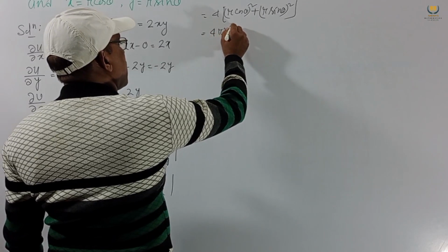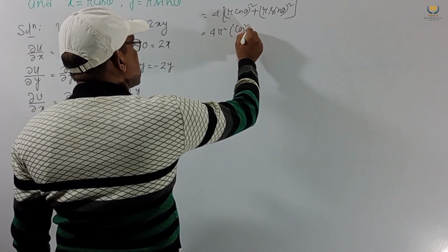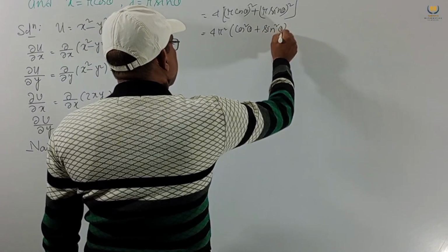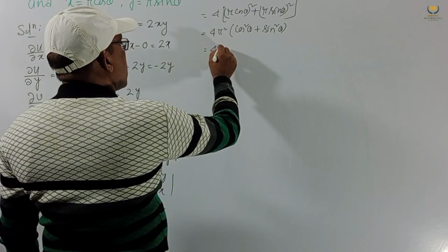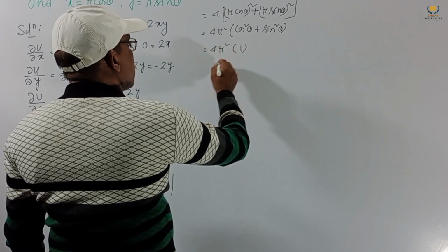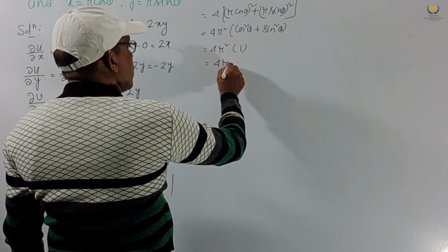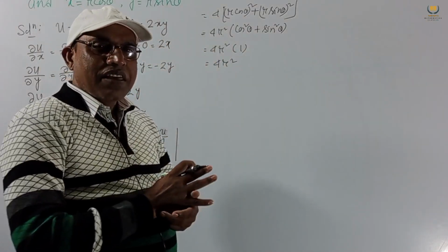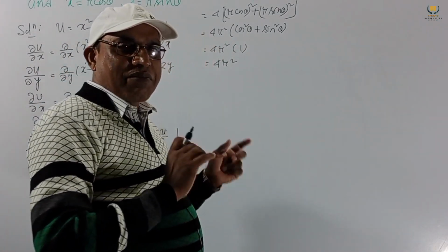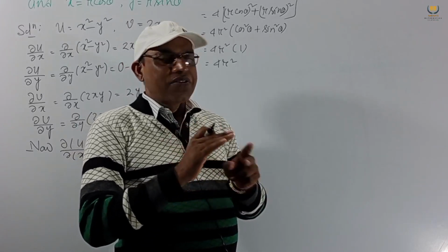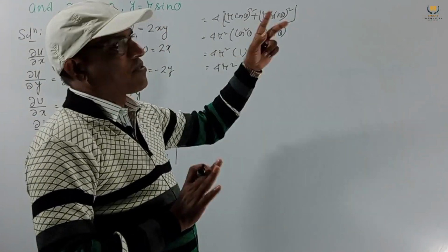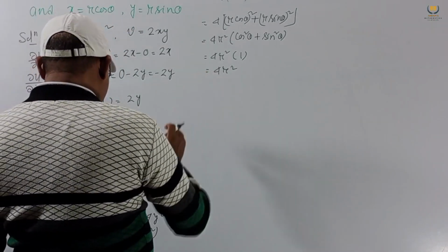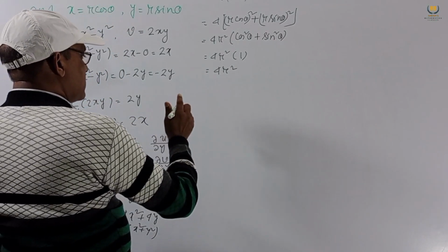Taking r square common, we get cos square theta plus sin square theta, 4r square into 1. We know this formula, cos square theta plus sin square theta is 1. From the very beginning we know this formula. Whether you know other formulas or not, we know sin square theta plus cos square theta is 1. So we get 4r square.